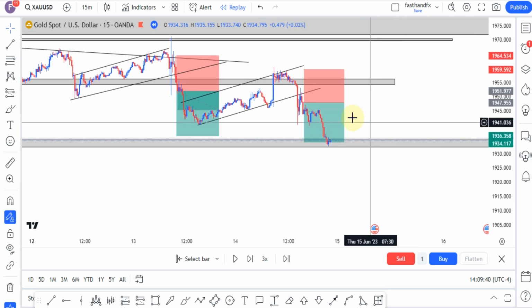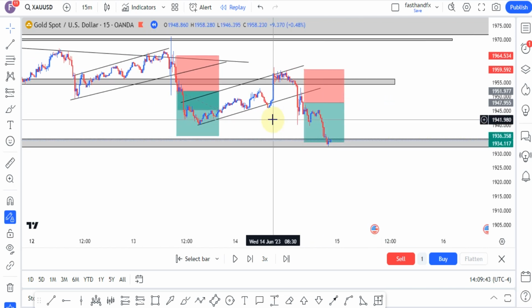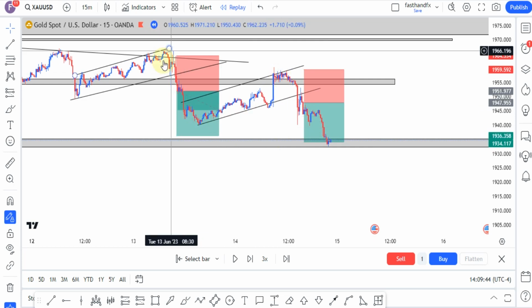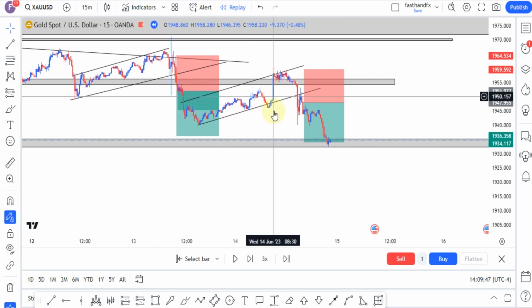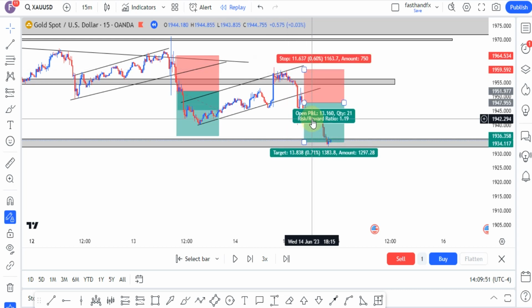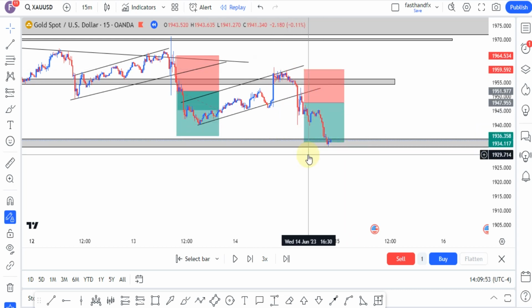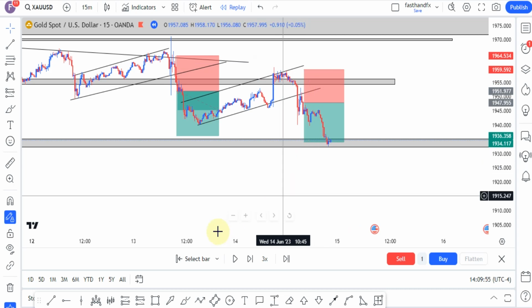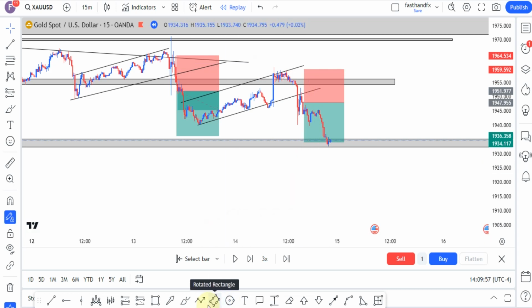So what do we do from here? The market gave us this impulse move, then a correction, then another impulse move of which we did take a benefit. Then we expect the market to give us another correction, maybe before it continues to go down.